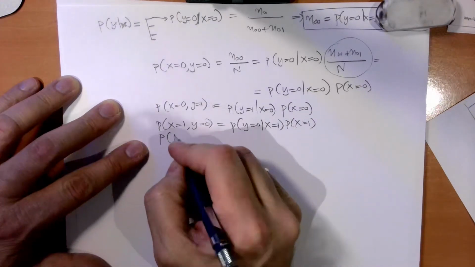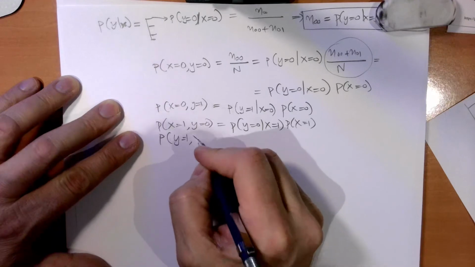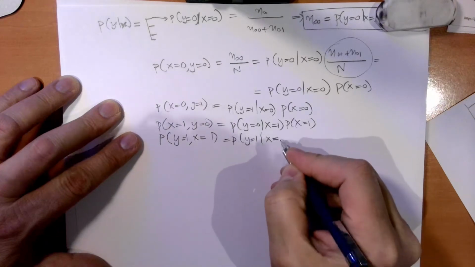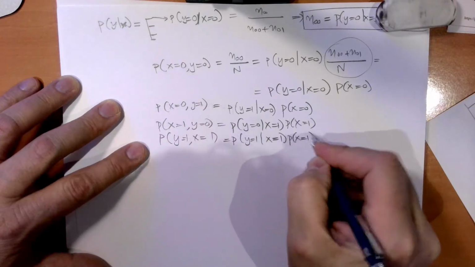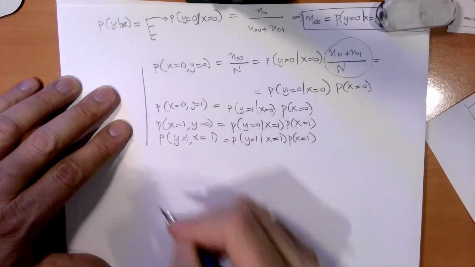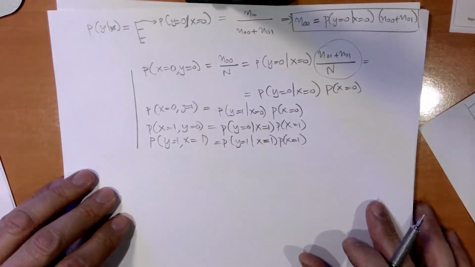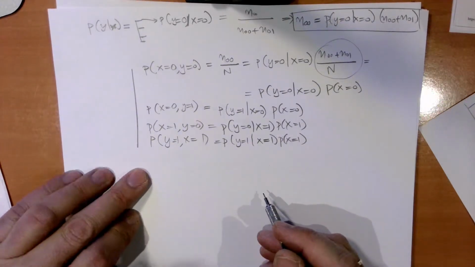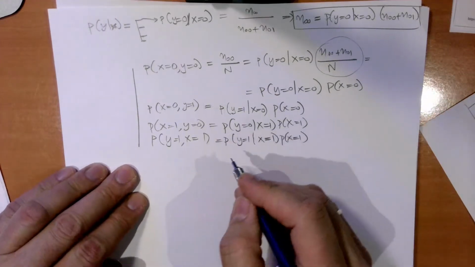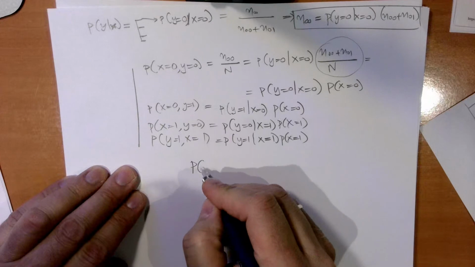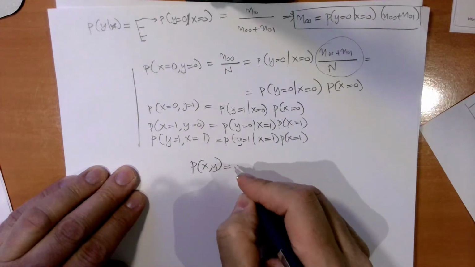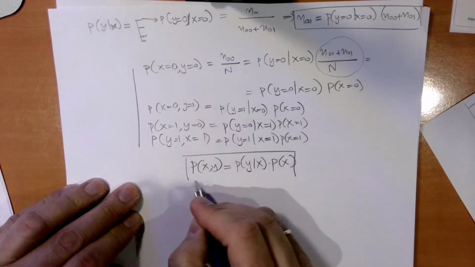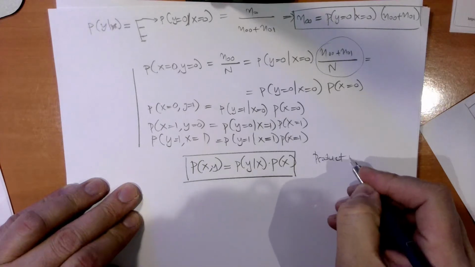And lastly, P of Y is equal to 1, comma X is equal to 1, is P of Y is equal to 1, given X is equal to 1, times P of X is equal to 1. So we have actually shown that these expressions are true for any single possibility of X and Y, and then we can safely conclude that in general, P of X comma Y is equal to P of Y given X times P of X, which is the product rule.